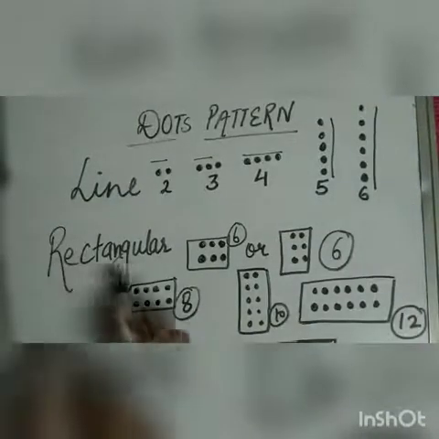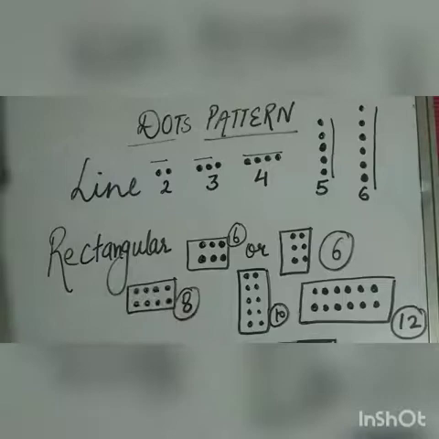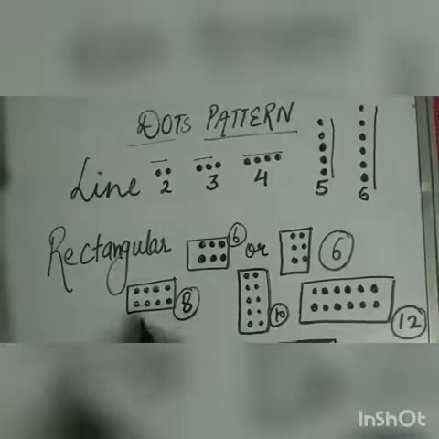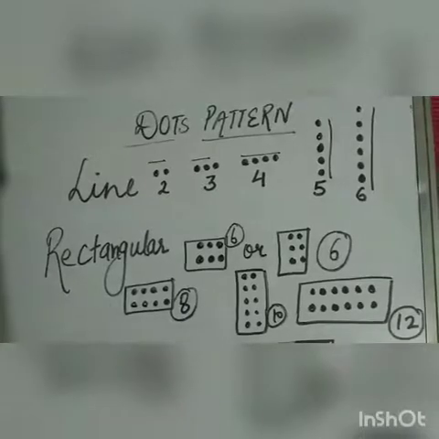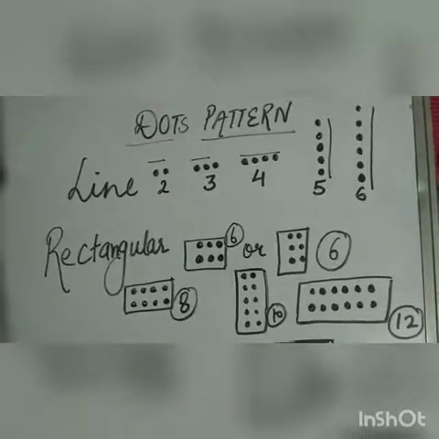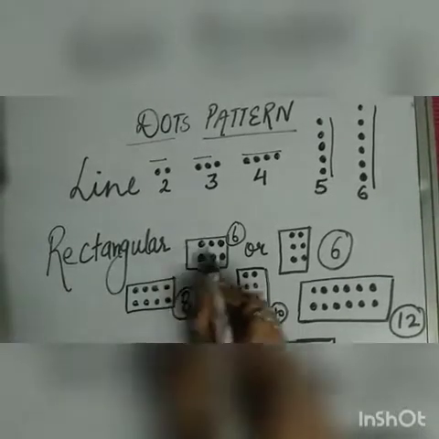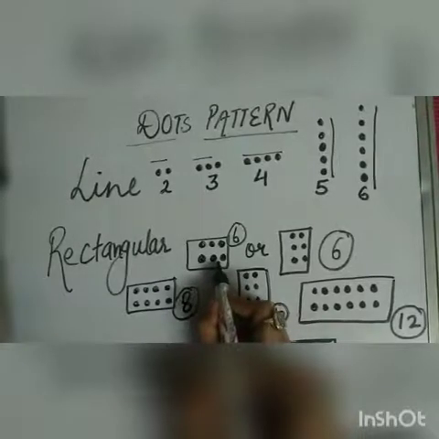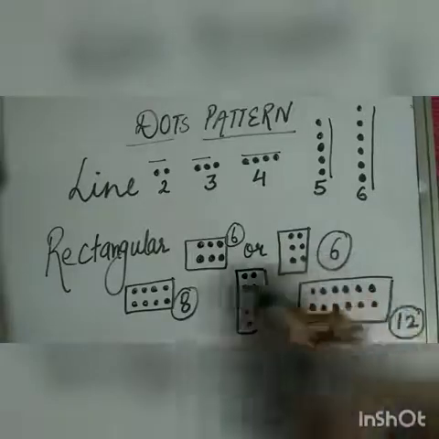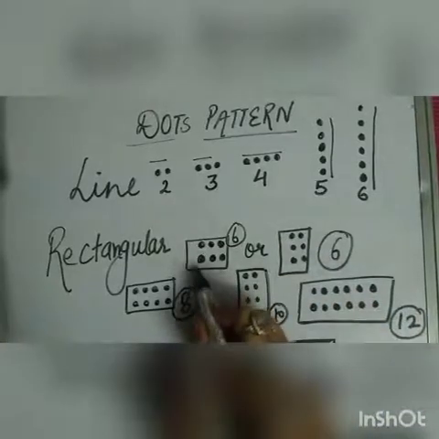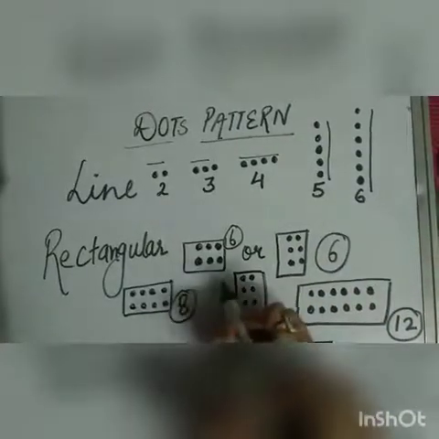The next is rectangular dot pattern. In this pattern, the number of rows and the number of columns are not equal. Here, there are 2 rows, and there are 3 columns. So, the number of rows and columns are not equal.